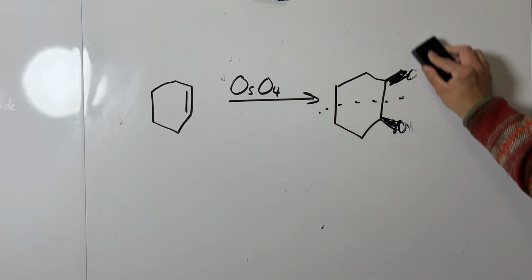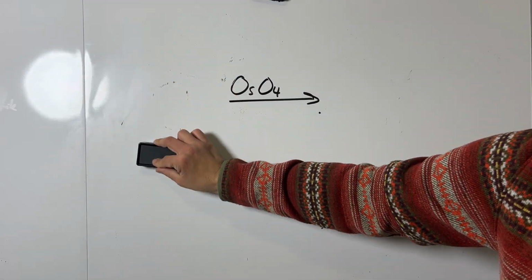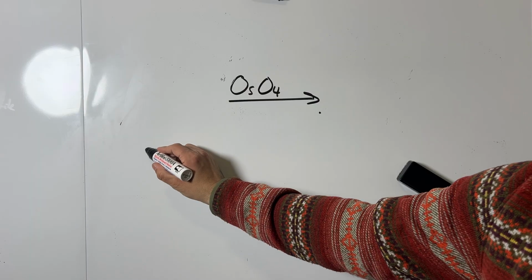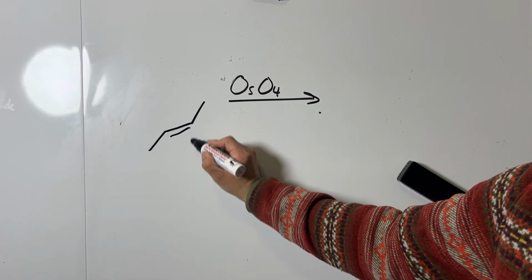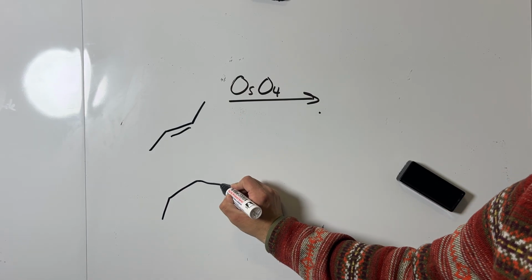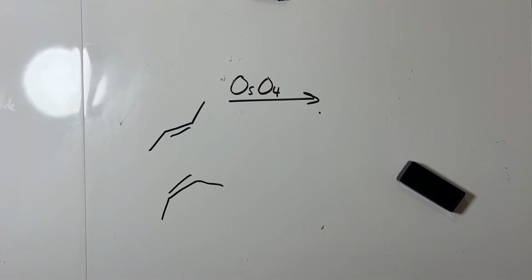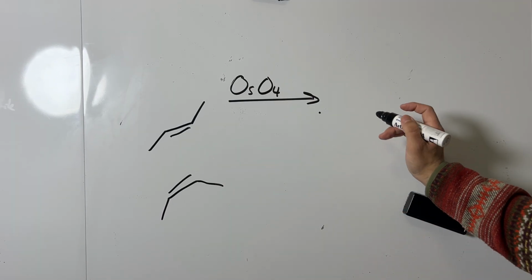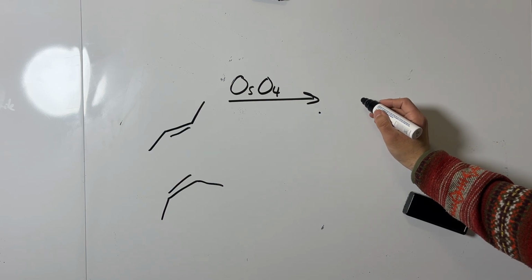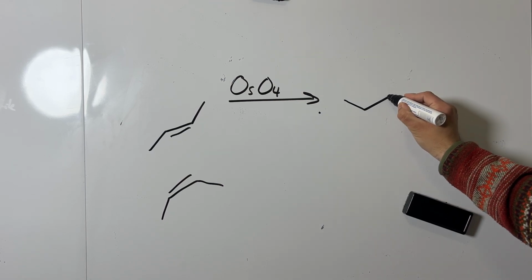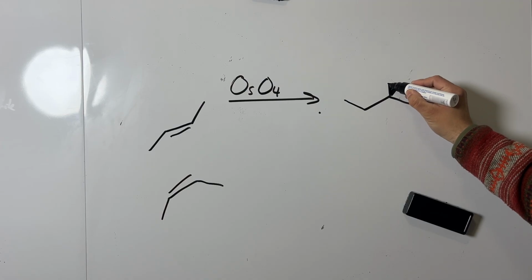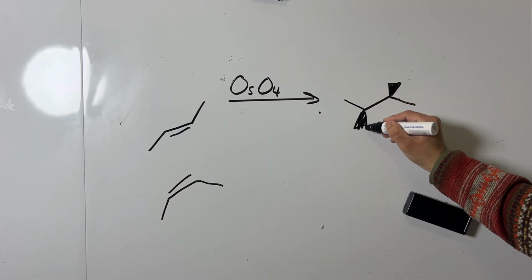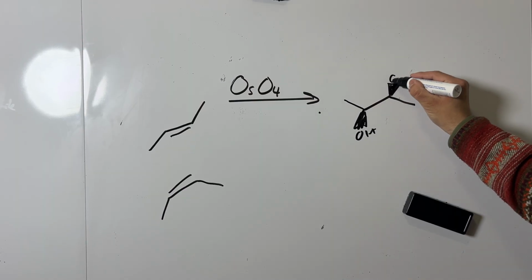Let's go back for a second to where we don't have a ring, where we have that free rotation. What if we have a trans alkene versus a cis alkene? Again, we get something slightly different. For the trans alkene, we get two different enantiomers. We get one where it adds from the front face, in this case coming this way, OH, OH.